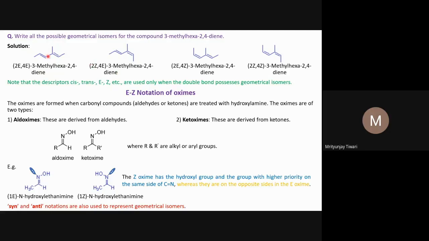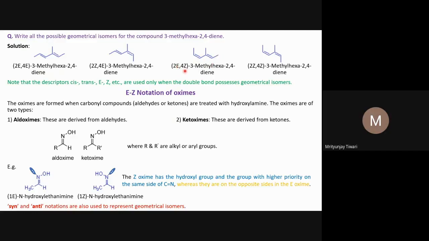Now if you keep this one the same and make the change at this position, this was initially E, so you make it Z. You bring this group to this side and H in this orientation. Now the methyl is in this orientation and hydrogen in this orientation. The higher priority groups are on the same side, so this will be Z, and the other one will still be E because the higher priority groups are on opposite sides.